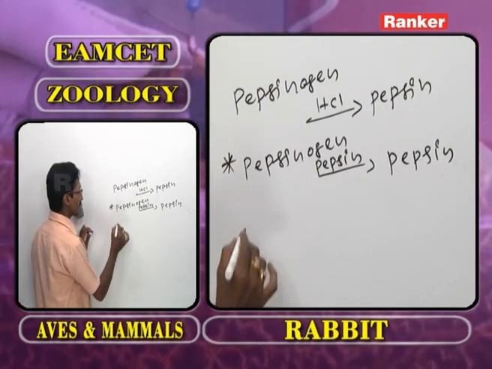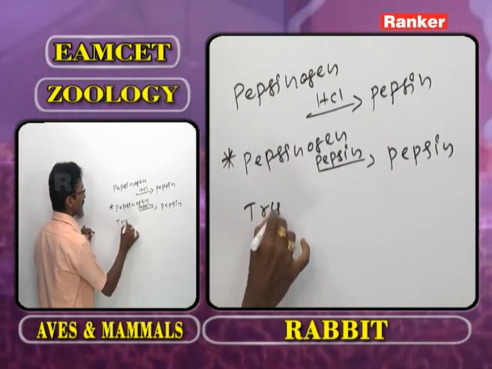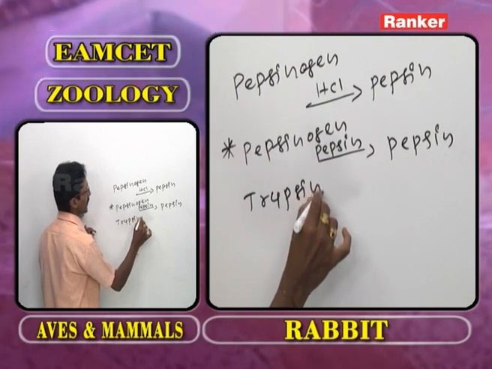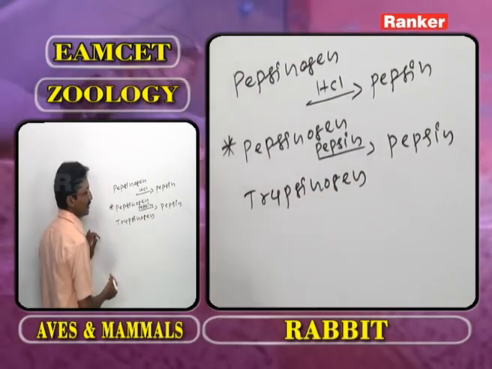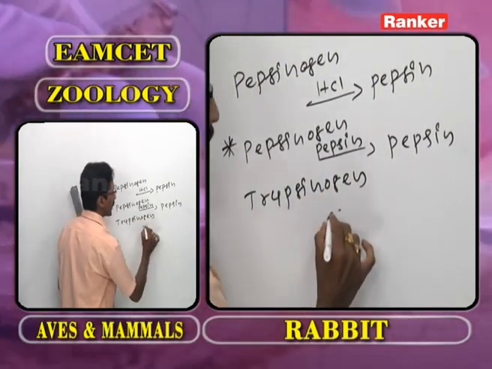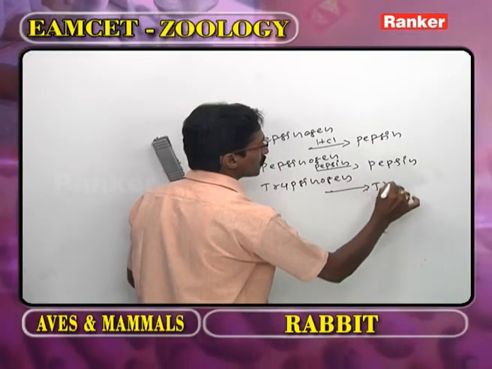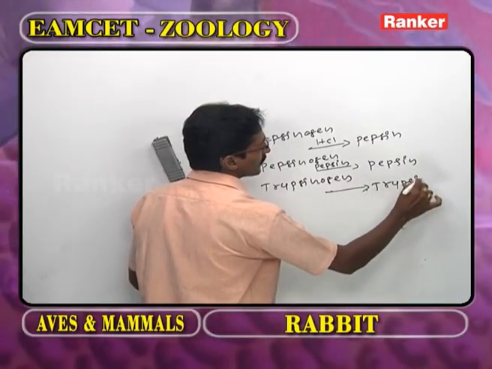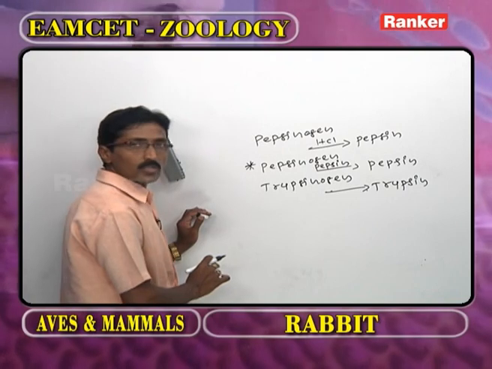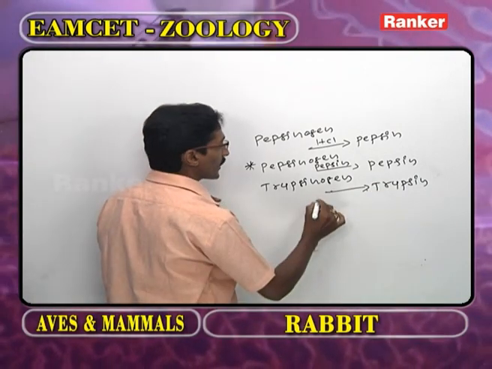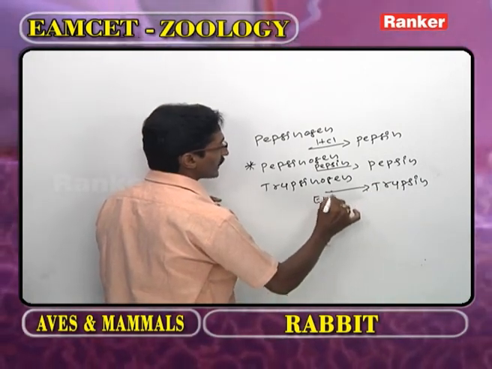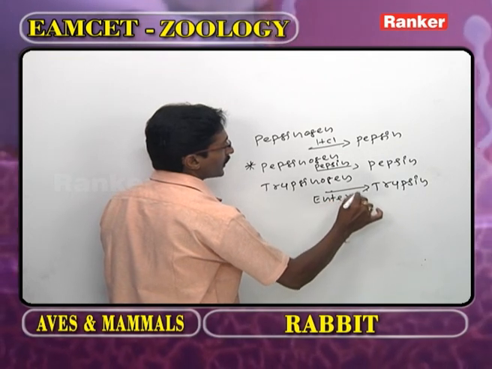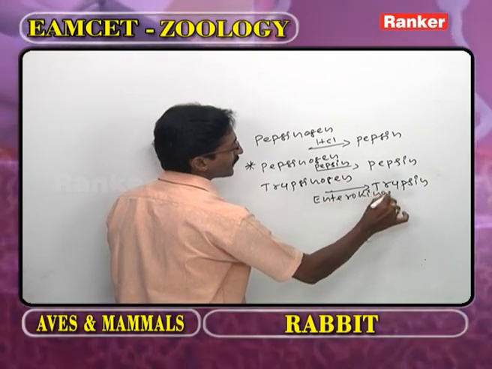What is the second example? Now this is trypsinogen. It is proenzyme. The trypsinogen is converted into trypsin. Some amount of trypsinogen is converted into trypsin. Here the activator is enterokinase.